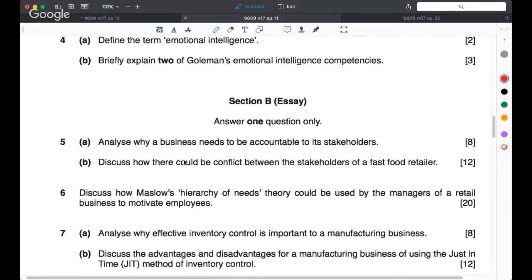Introducing new products, changing price, changing pay, they would all be of interest to the shareholders. Anything that increases costs to the business would be of interest to the shareholders. Making profit would be important to the shareholders. What would be important to the employee would be working hours and conditions.